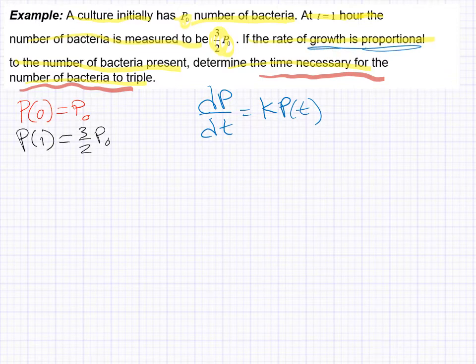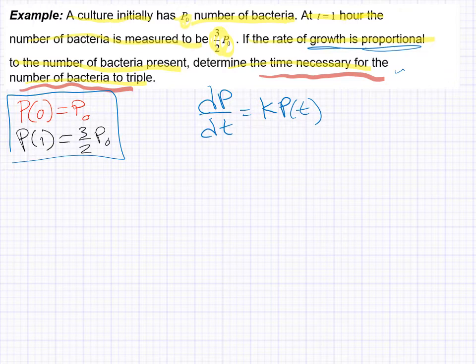We need to find what function will satisfy this equation given these conditions. And then once we find the function that describes the growth that's happening here, we can determine the time it will take for the number of bacteria to triple. Okay? So let's solve this equation first. Again, it's going to be an exponential function, but let's see that happening in our solving process through differential equations.